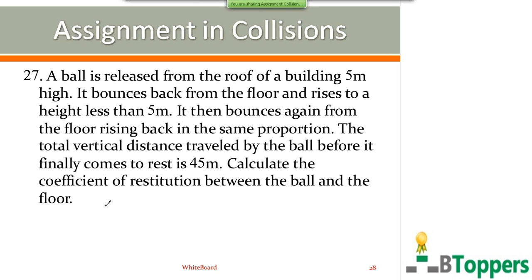Then I have already derived the calculation for total vertical distance the ball travels before it finally comes to rest. That is equal to (1 plus e squared) by (1 minus e squared) into h.